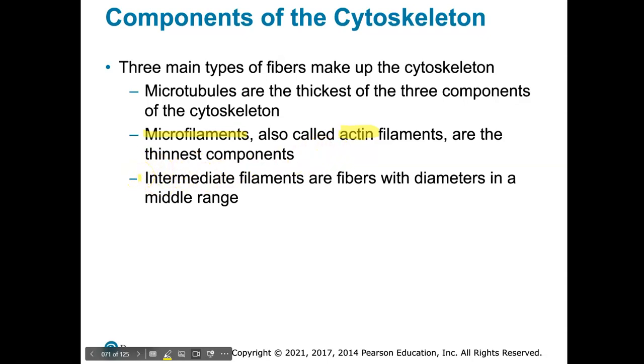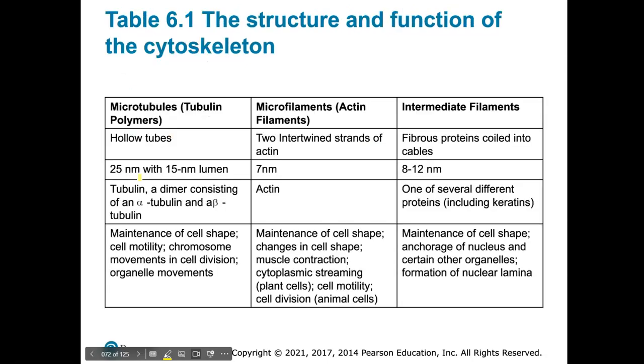And then you have the intermediate filaments, which are the middle thickness. You have some functions down here. You can see that all of the members of the cytoskeleton help to maintain cell shape. So you have to look below that to see what they do that's different from one another.